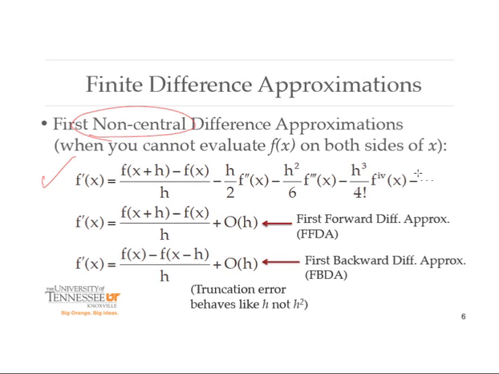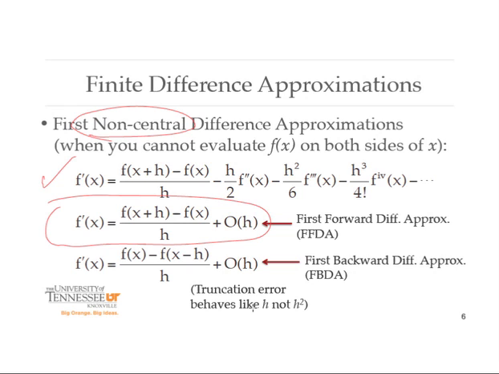The big difference here is it still only takes 2 function evaluations like the centered difference, but the error is not as good. So what you're truncating acts like h, not h squared. So typically this won't be quite as accurate as the centered difference, but sometimes you don't have the ability to, again, evaluate f of x minus h.